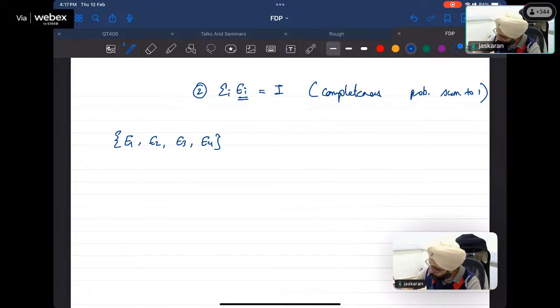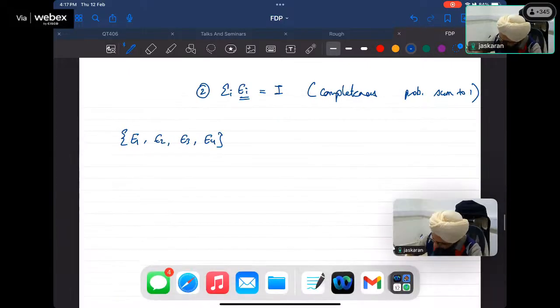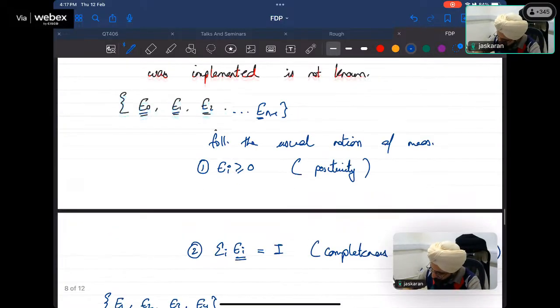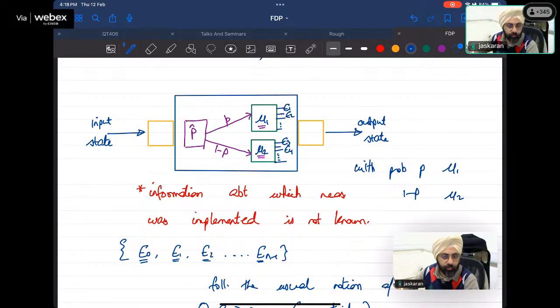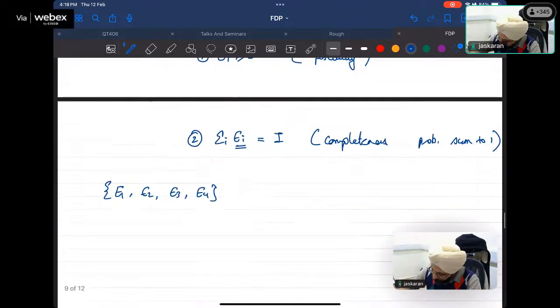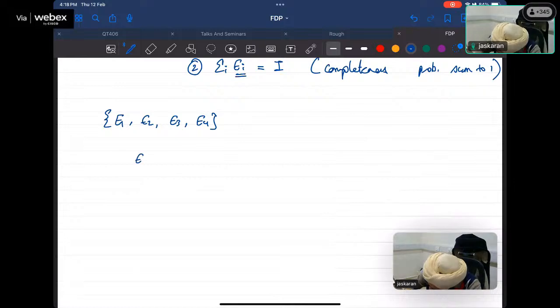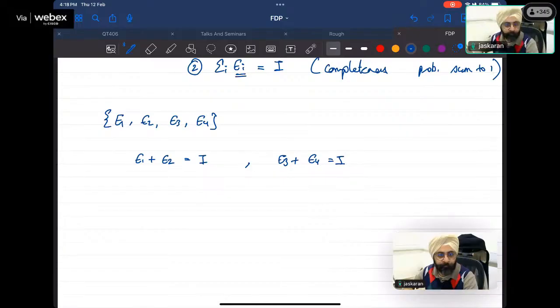Okay, so I know that if E1 and E2 correspond to outcomes from the first measurement corresponding to mu1, and E3 and E4 correspond to outcomes from the second measurement mu2, then from their completeness relation, I know that E1 plus E2 sums to identity, and E3 plus E4 also sums to identity, right?